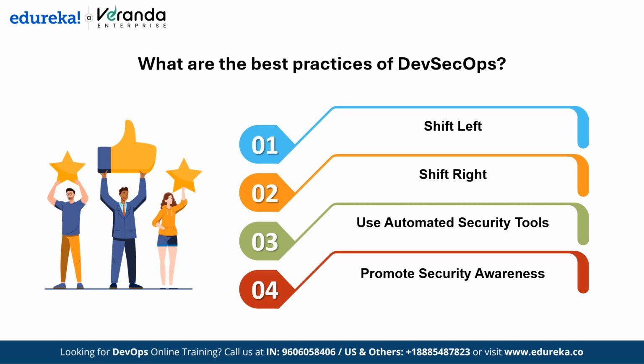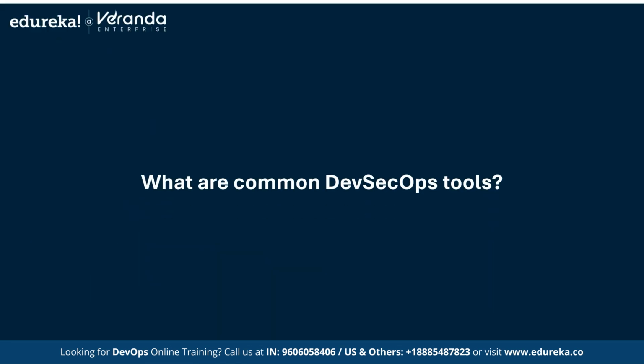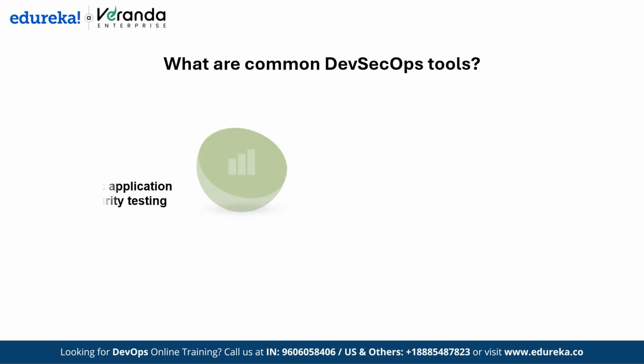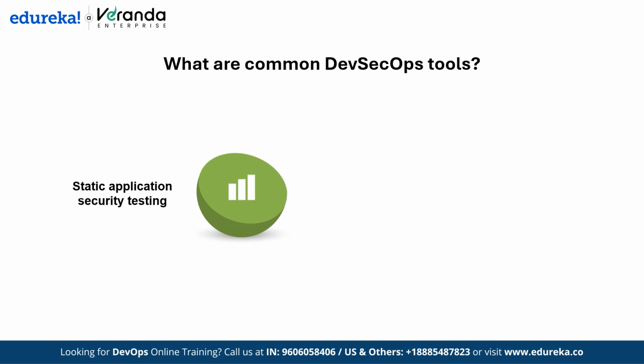And with best practices in mind, let's talk tools, because DevSecOps wouldn't be possible without the right technology to support these practices. Software teams use the following DevSecOps tools to assess, detect, and report security flaws during software development. First is static application security testing.